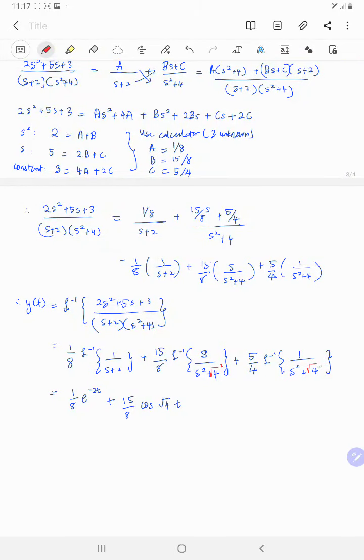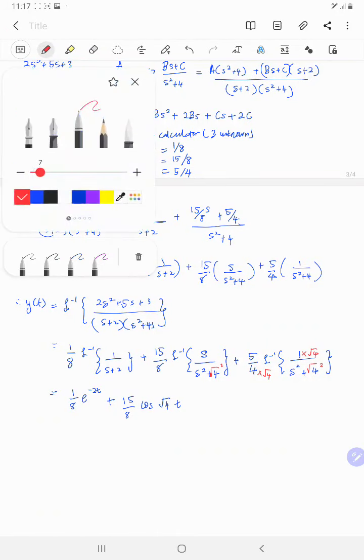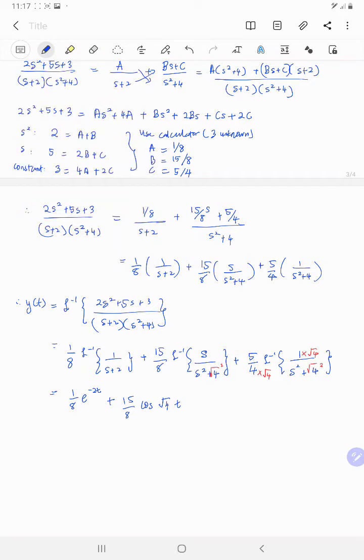Sine of square root of 4 t. Since the square root of 4, we keep the square root of 4, because we cannot change the original term, just modify it, but do not change the original form.